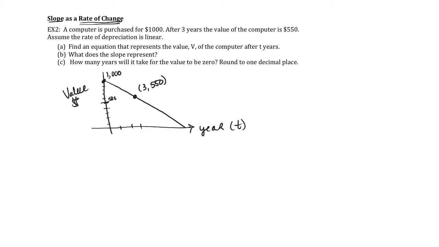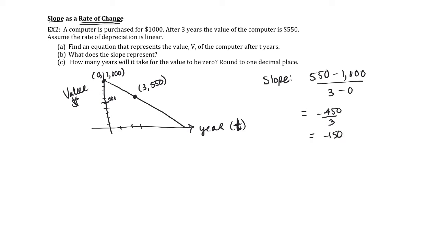Eventually this is going to just not be worth anything. To write an equation, what we need is to find the slope. So we do the change in y, and the initial value, the x value, or the t if we're counting that as time, is 0. So we take 550 minus 1,000, all over 3 minus 0. That would be -450 over 3, which is equal to -150.